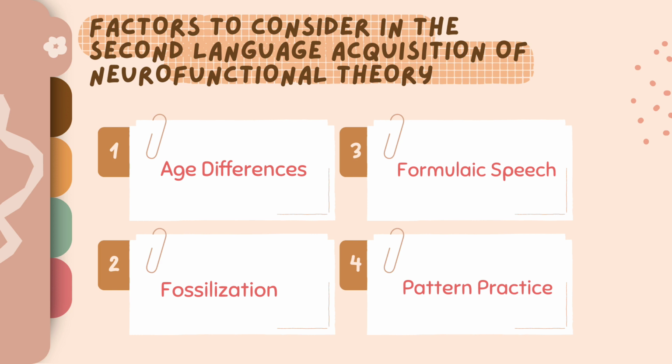The last one to consider is pattern practice. In pattern practice, learners manipulate grammatical structure to aid in memorization and development of second language habits. That pattern is a pattern of repetition, in which the arrangement of identifiable, repeated, or corresponding elements is in a text. For example, in a conversation, someone asks, "Is John busy?" and you respond, "Yes, he is."